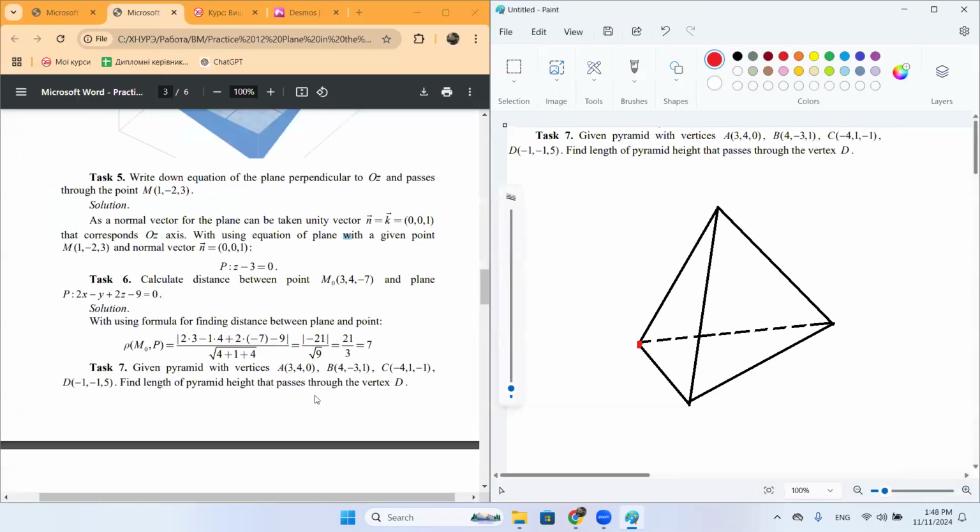So from the vertex D, A and B, C and D. So the length, and the altitude basically.